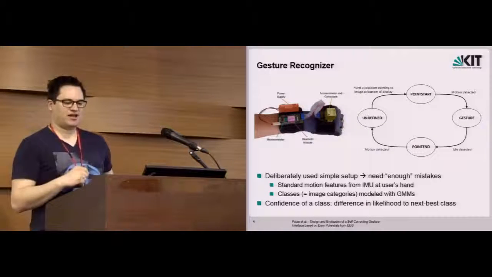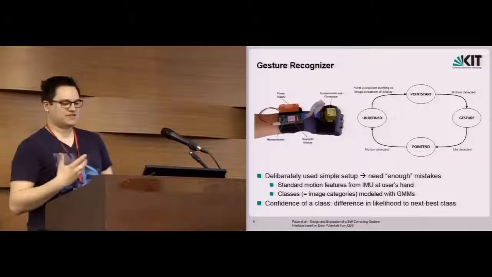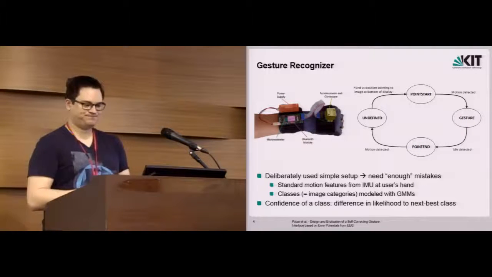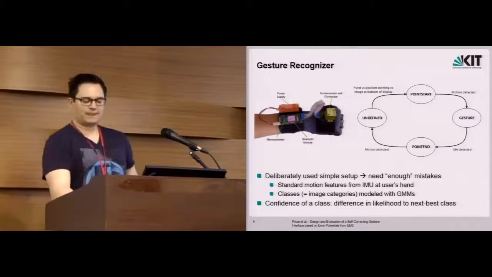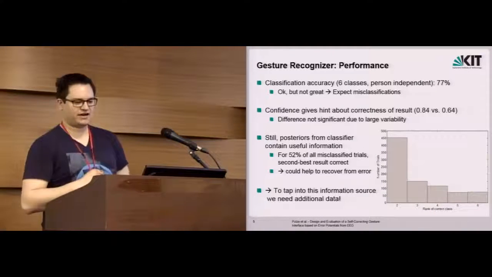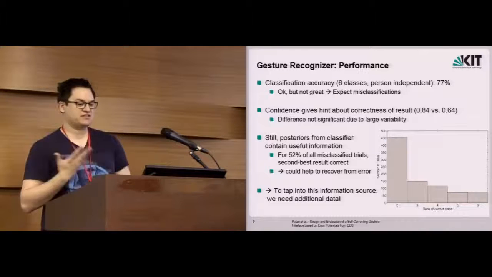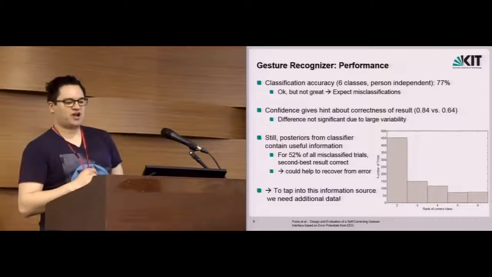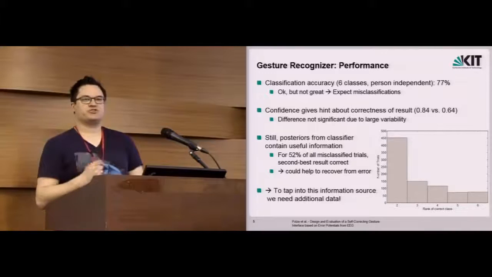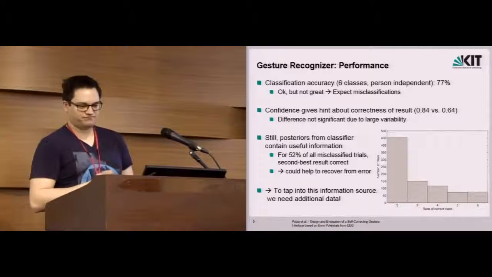To estimate the reliability of the recognizer's output, we calculated a confidence score for each result as the difference in likelihood to the next best class. When evaluating the recognizer, we achieve a person-independent classification accuracy of 77%, which is okay for this simple setup, but of course not that great, so we should expect quite frequent misclassifications of the gesture.